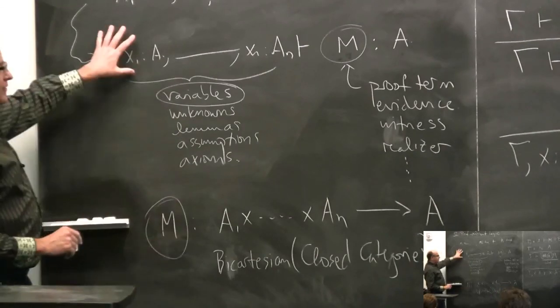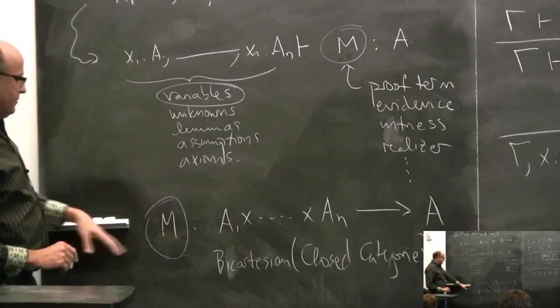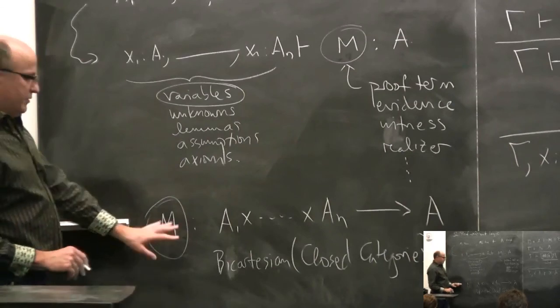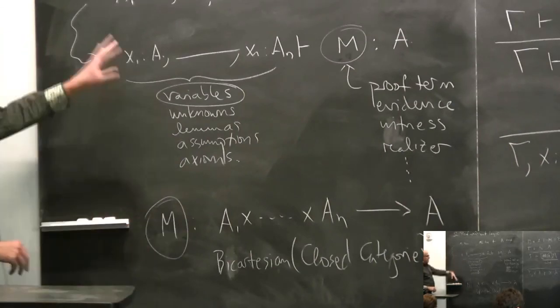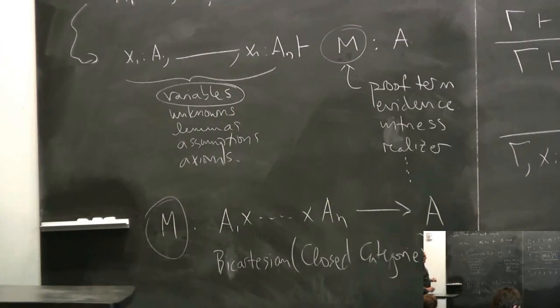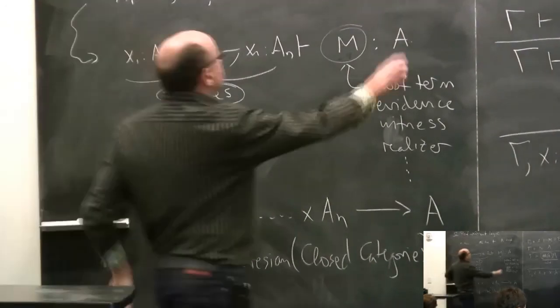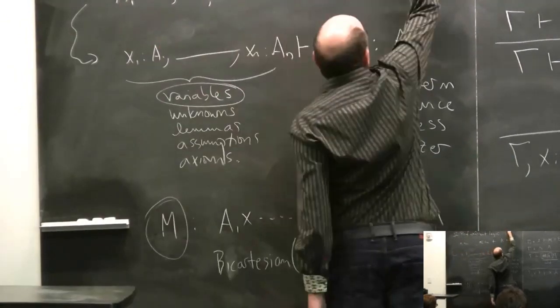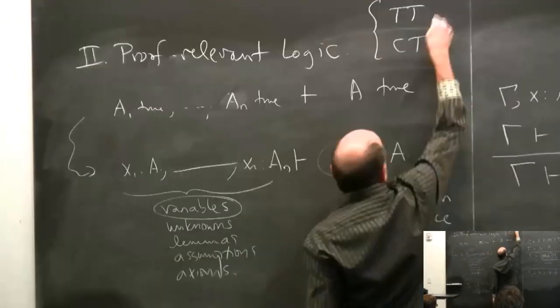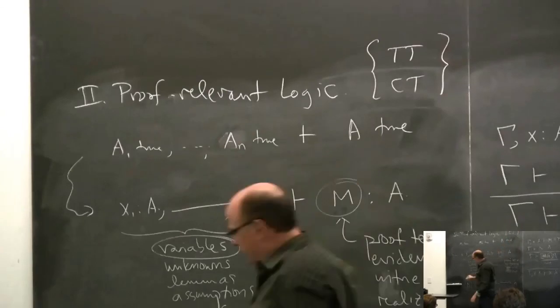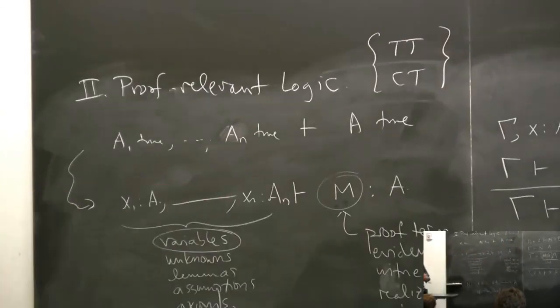This is a very convenient treatment of variables, and this is a very inconvenient treatment of variables. So we'll get back to that a little next time. So proof-relevant logic will give rise to type theory and category theory. That's what we're doing, and that's where I'll stop today.